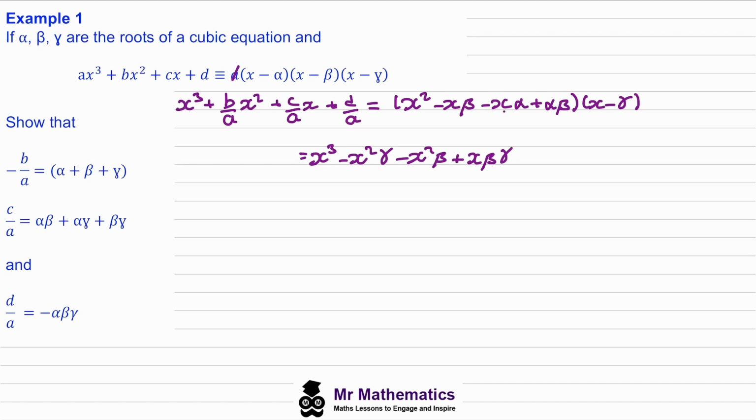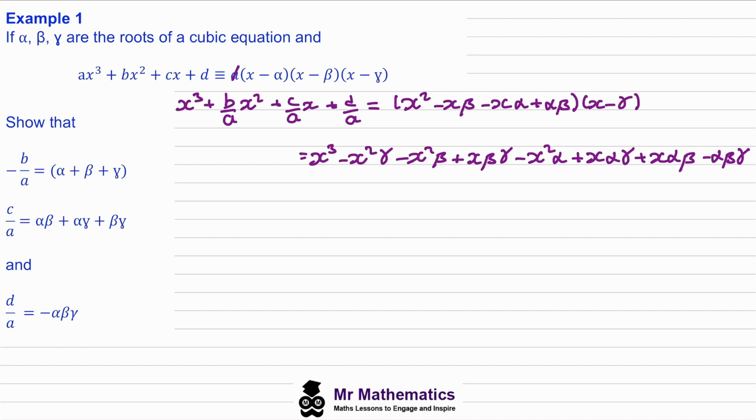We'll have a negative x alpha multiplied by x, so negative x squared alpha. Then we'll multiply the same term by a negative gamma, so we'll have positive x alpha gamma. And then we'll have the alpha beta multiplied by x, then the alpha beta multiplied by negative gamma.